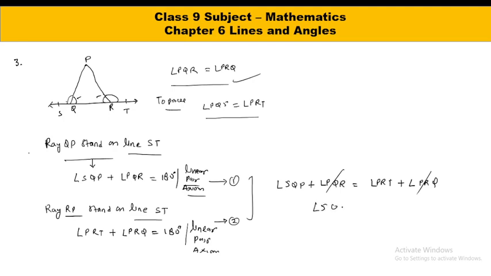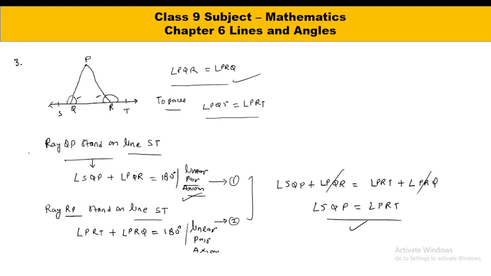Remaining will be angle SQP equal to angle PRT. So that is the part we need to prove. That is how we will solve this question, with the help of linear pair axiom, axiom 6.1.